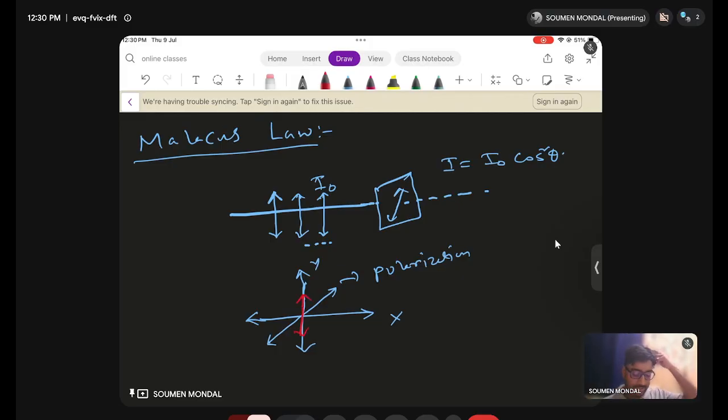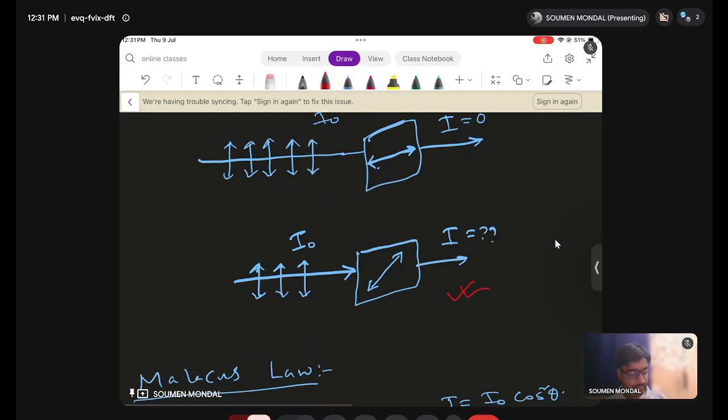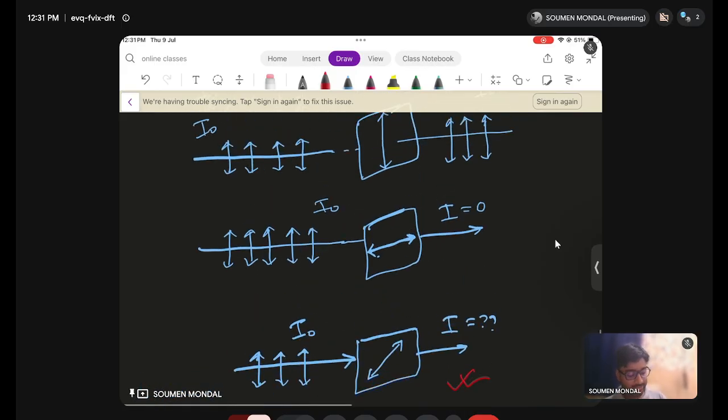As we drew, it is a vertically polarized light, and the angle between this electric field and this polarization axis is theta. In this case, the light emitted out of the polarizer at an arbitrary angle will be I naught cos square theta. If theta is equal to 90 degrees, then I becomes 0. This is basically the earlier case.